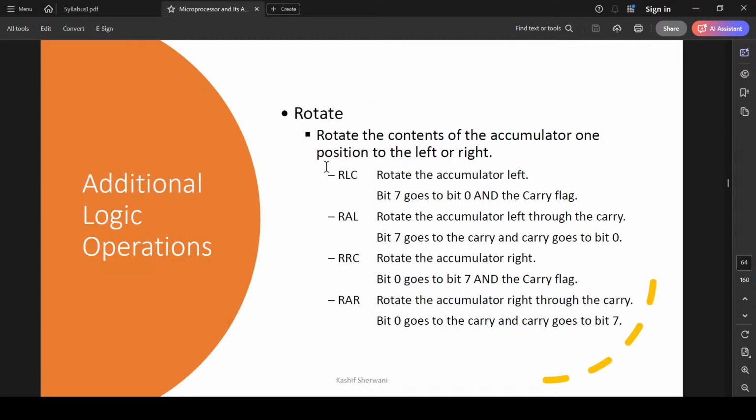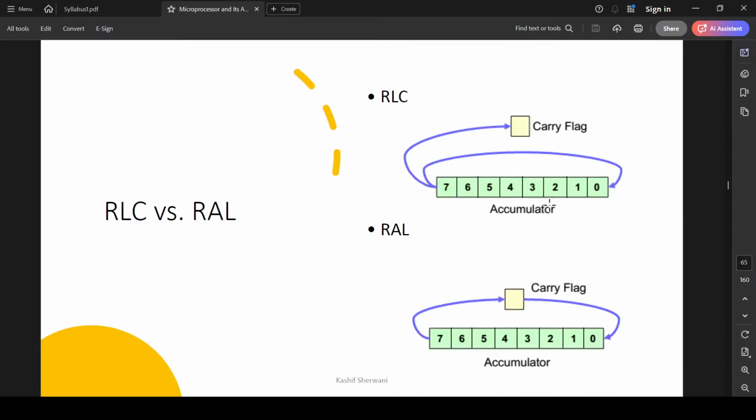RLC versus RAL. In RLC, bit 7 goes to bit 0 and also to the carry flag.